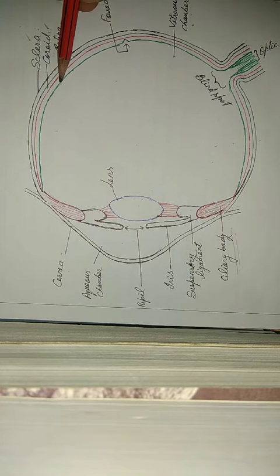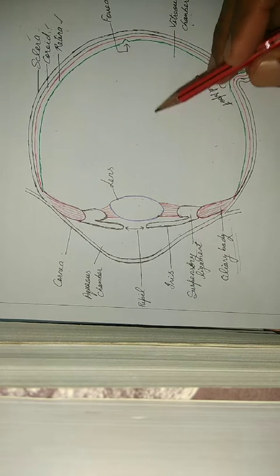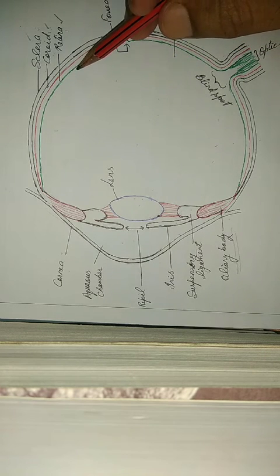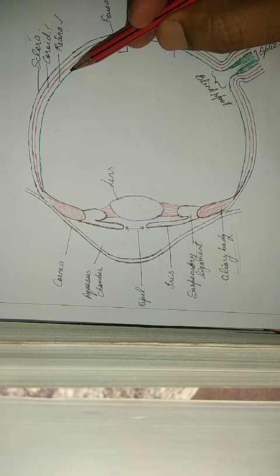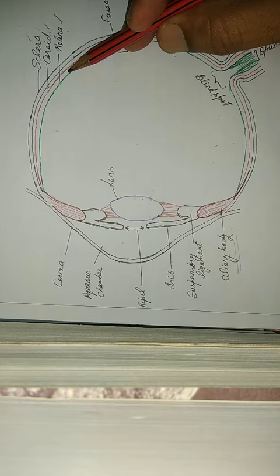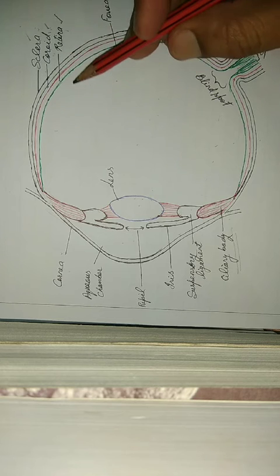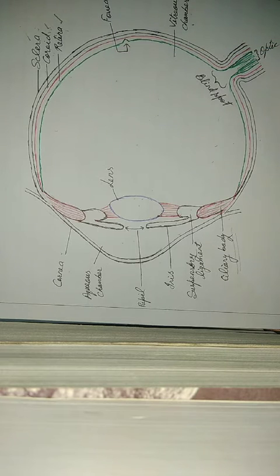The innermost layer of the eye is called the retina, and the retina is composed of three layers of cells: the photoreceptor cells, which contain the rod cells and cone cells; and the intermediate layer, the bipolar neurons, which synapse with the retinal ganglion cells, and their axons bundle up to form the optic nerve.